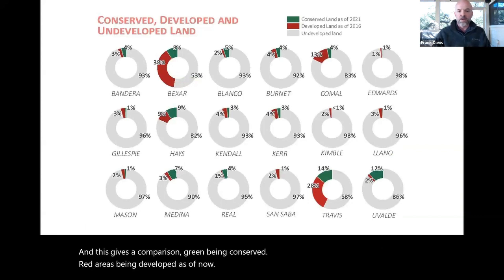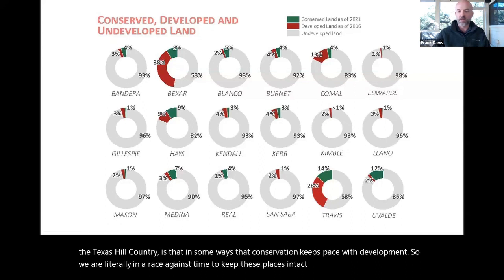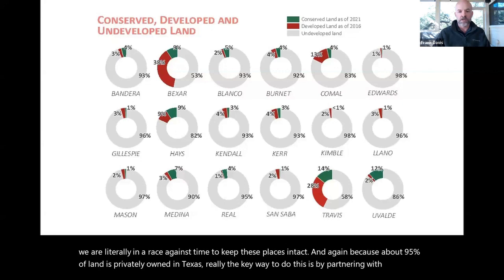And of course, what we would prefer to see over time, particularly in the most sensitive areas of the Texas Hill Country, is that in some ways that conservation keeps pace with development. So we are literally in a race against time to keep these places intact. And again, because about 95% of land is privately owned in Texas, really the key way to do this is by partnering with private landowners.